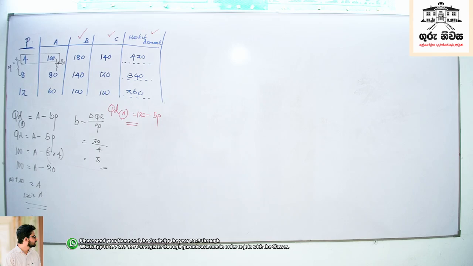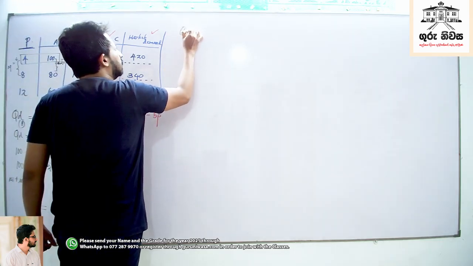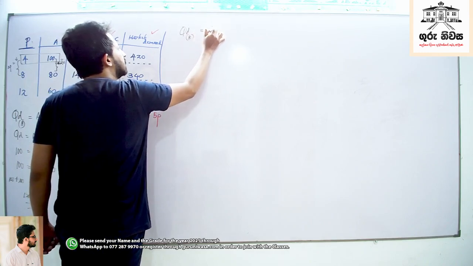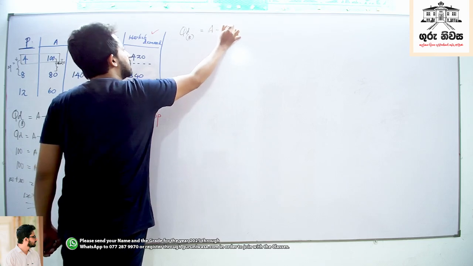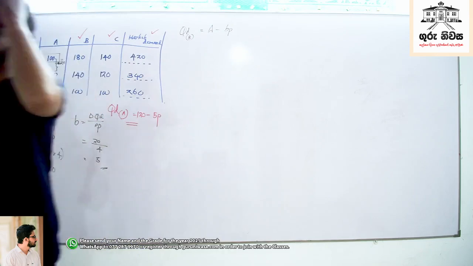Next one, QDB, B's demand equation. So that common equation doesn't change. QDB equals A minus BP. Calculate B first.